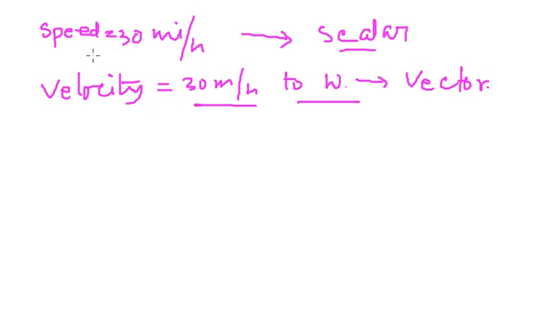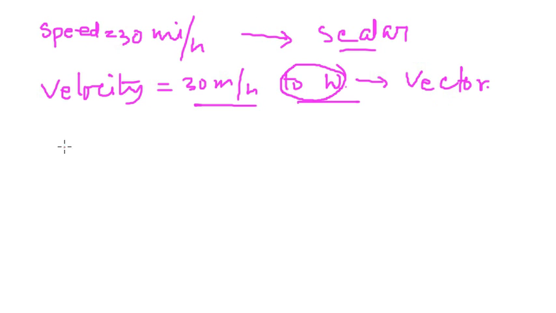Though they look the same, because both speed and velocity give the rate of change of position, in the case of speed we are not interested in direction, but in the case of velocity we are interested in direction.